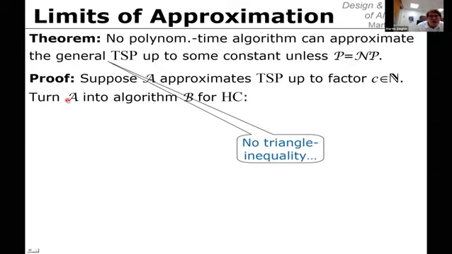So how can we convert this hypothetical algorithm A that approximates the non-metric traveling salesperson problem up to factor c into an algorithm that solves the decision problem, the Hamiltonian circuit problem, exactly?